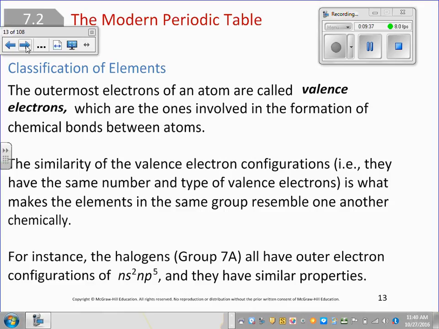What's next? 4s2. Let's see, we got 10, 20, 3d10, 4p3. Just did it earlier. How many valence electrons? Quick!